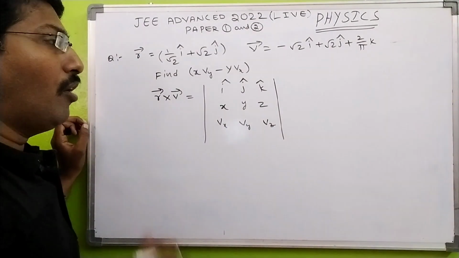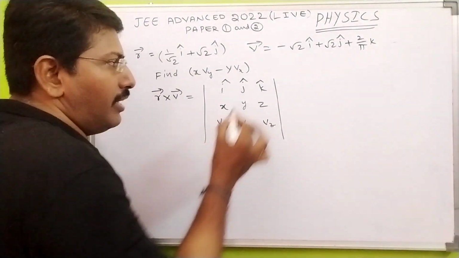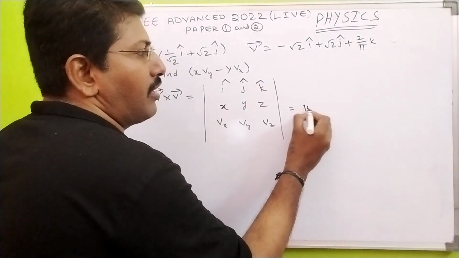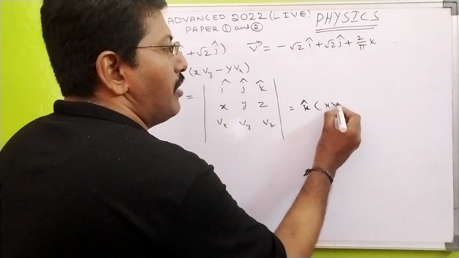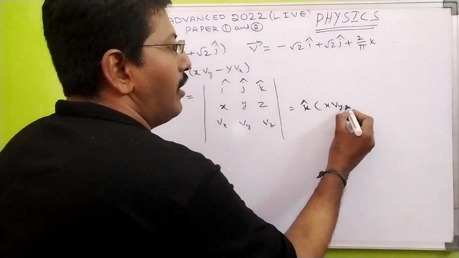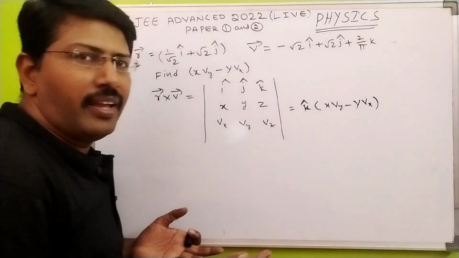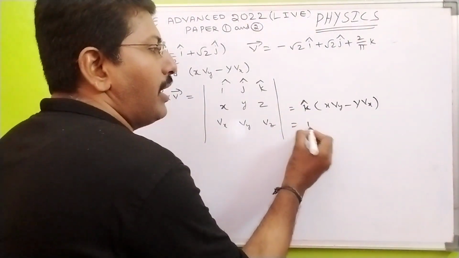Now observe very carefully, I take the k component, which is given by x vy minus y vx. This is the unit vector, so simply I take 1 here.